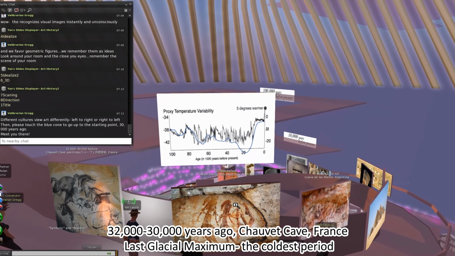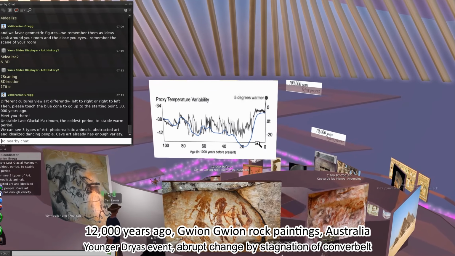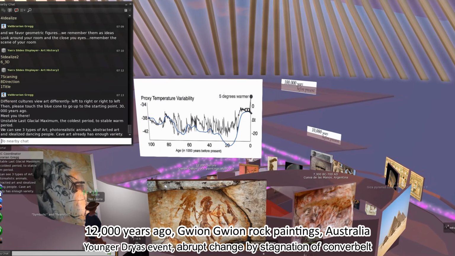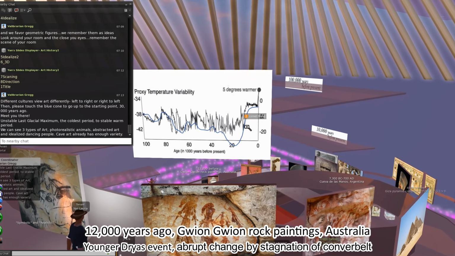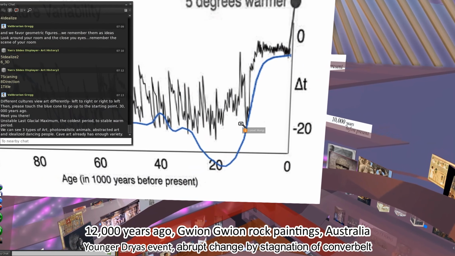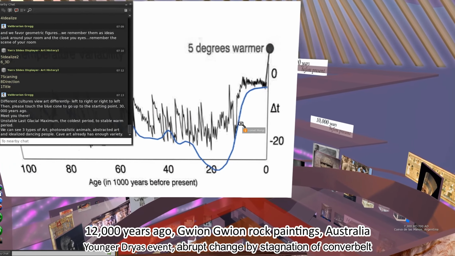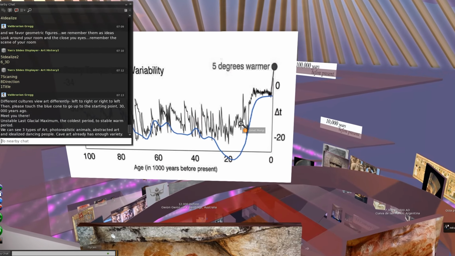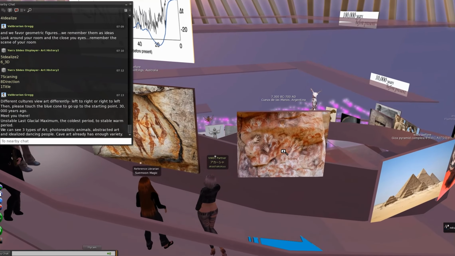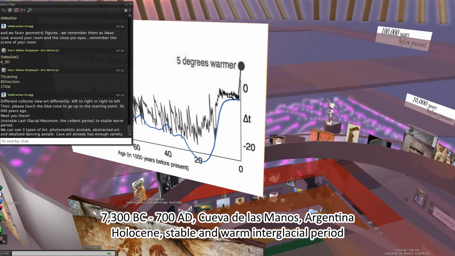And the middle is 12,000 years before, here: an abrupt change before the stable warming period, when a conveyor belt of the ocean was stopped by a huge amount of water from a glacial lake collapse. And the third painting is 7,000 years ago, in a stable warm period.